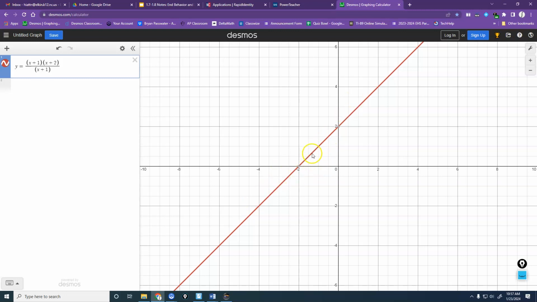However, you don't get to use Desmos anyway, but if I were to drag, oh, there it was. Did you see it? It was so fast, right there. If you drag it along to negative 1, there's a hole in the graph right there. So you can't have the point there at negative 1. But everything around it is perfectly fine. Okay? So that is what a hole looks like on the graph.